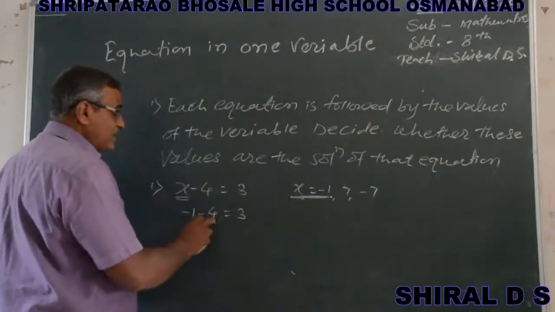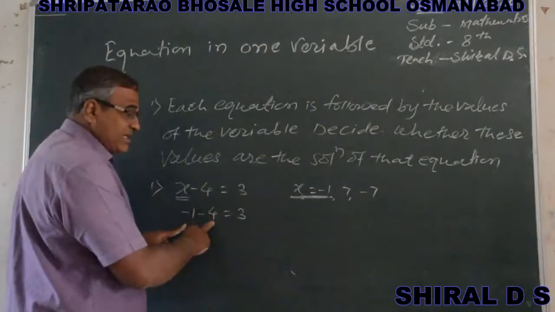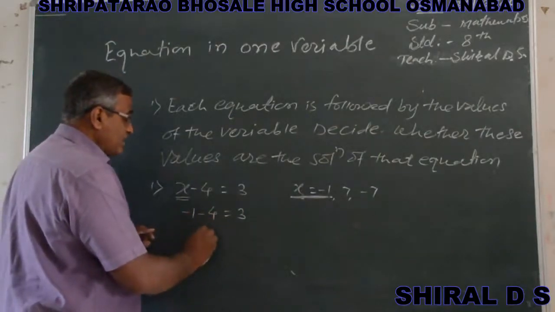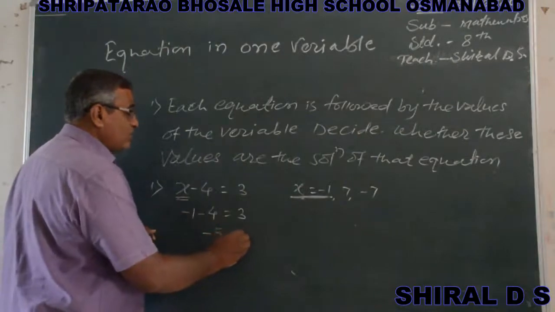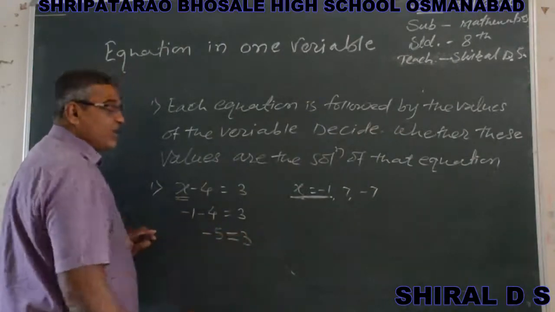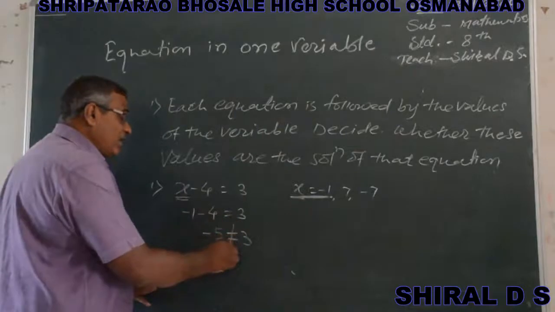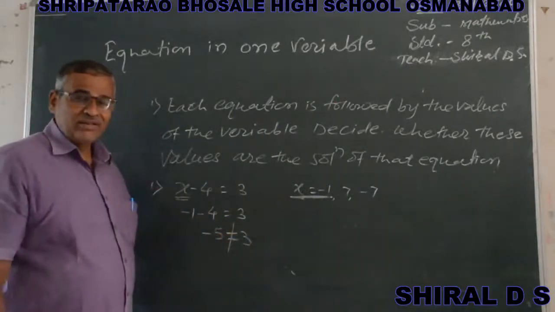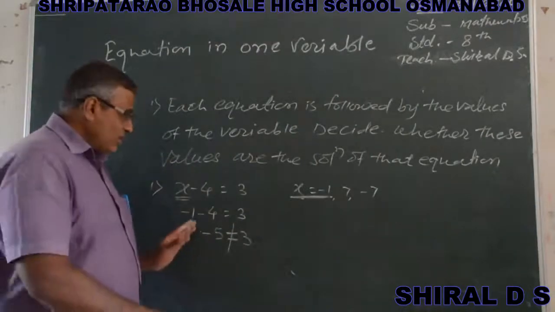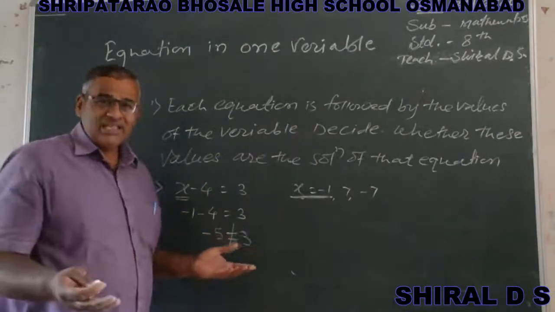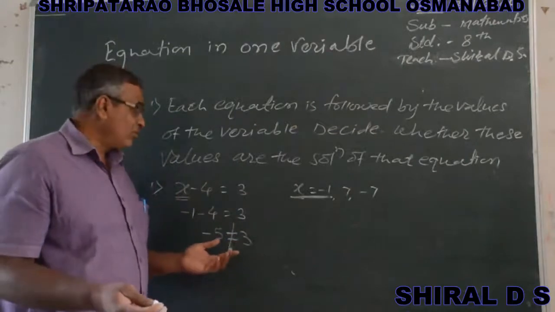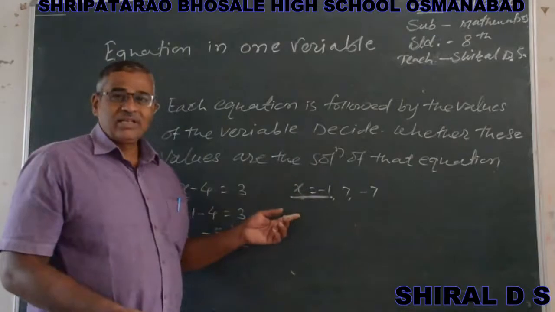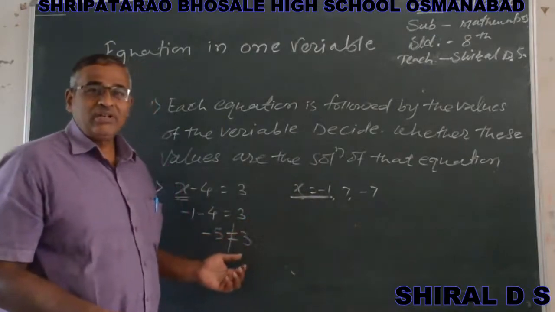Minus 4 minus 1 is minus 5 is equal to 3. It means the two sides are not equal. If minus 5 is not equal to 3, these two sides are not balanced here.